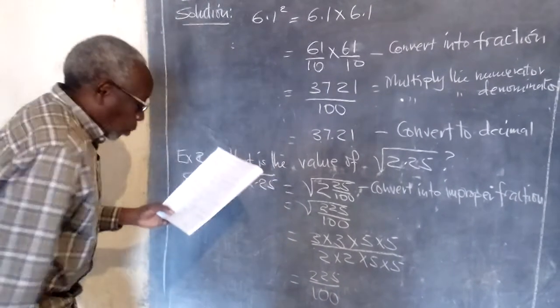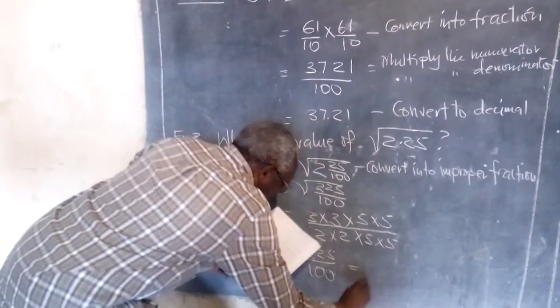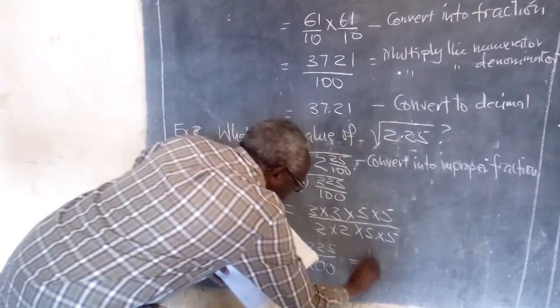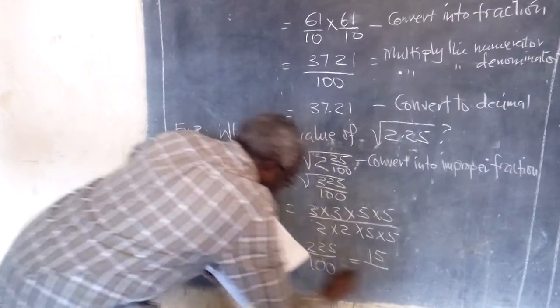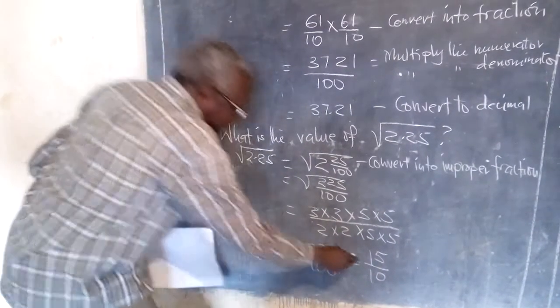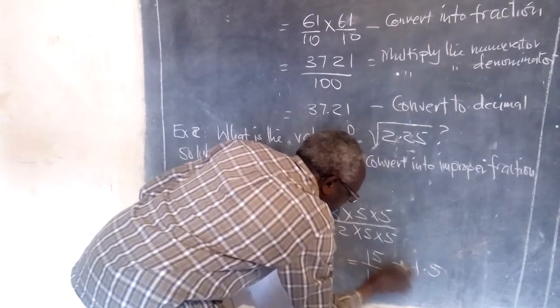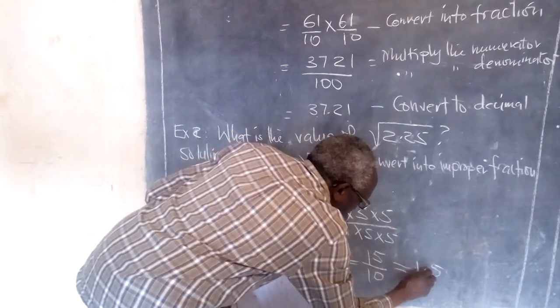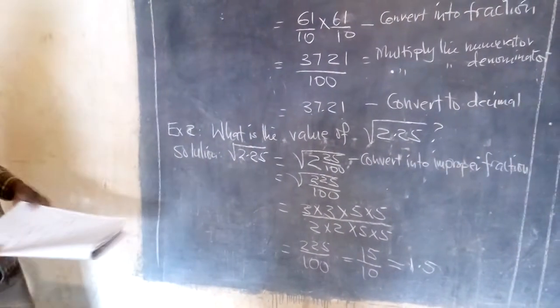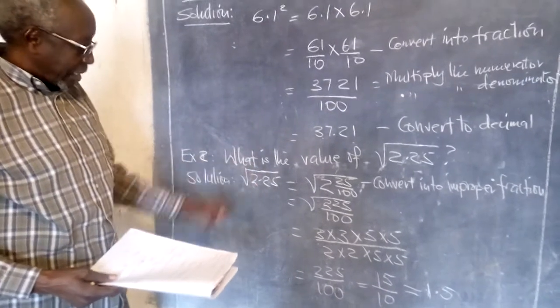And therefore, when we find the square root of 225, we shall get 15, and the square root of 100 is 10. So when we simplify this, then our answer becomes 1.5. And that is how we work out the square root of decimals.